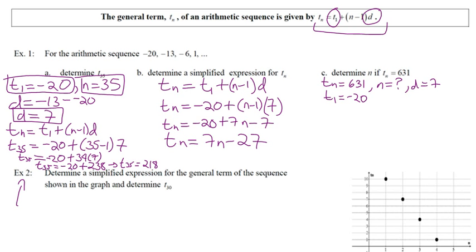We've listed all 4 of the quantities, right? 3 of which we know, so we can solve for the 4th. Okay, so formula, t sub n is equal to t1 plus n minus 1 times d. Substitution, t sub n is 631. t1 is negative 20. N is, we don't know, so we're going to leave that as n. And d is 7.